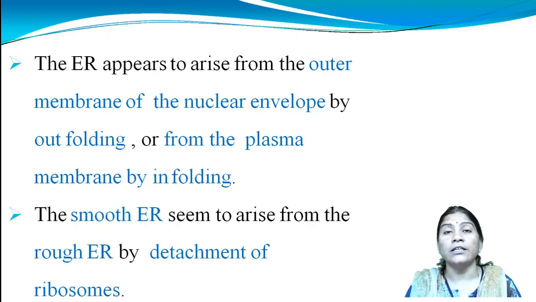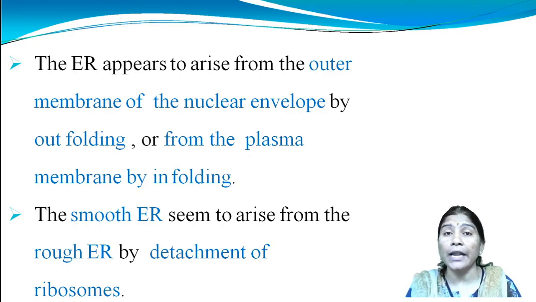We know that these two, the nuclear envelope and the plasma membrane, have outer and inner membranes, means they are double membrane bound structures, and the endoplasmic reticulum is located from the outer membrane of the nuclear envelope to the inner membrane of the plasma membrane.